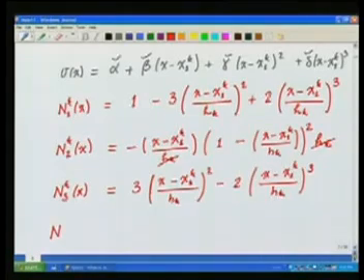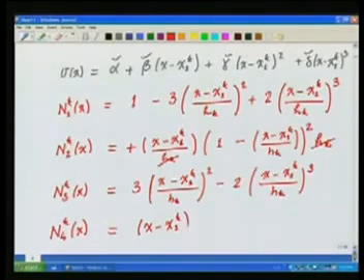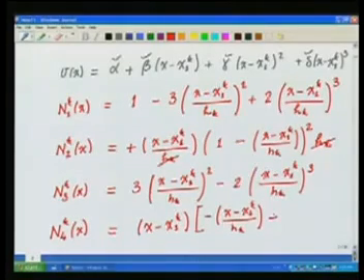Similarly, my n4k as a function of x comes out to be, okay, n2k will have this plus sign here, I have a mistake there. Again here it will be x minus x1 of k into minus of x minus x1 of k by hk plus x minus x1k by hk whole squared.